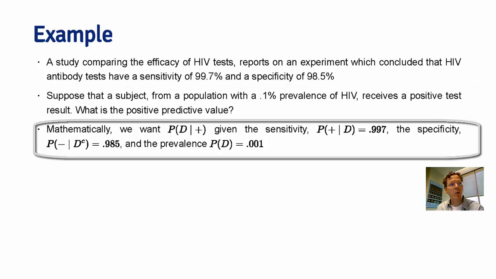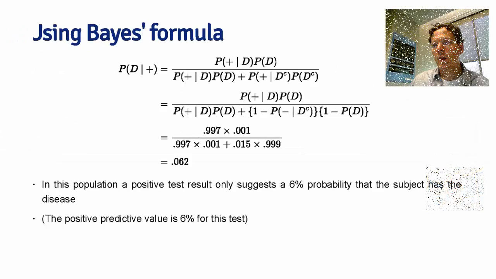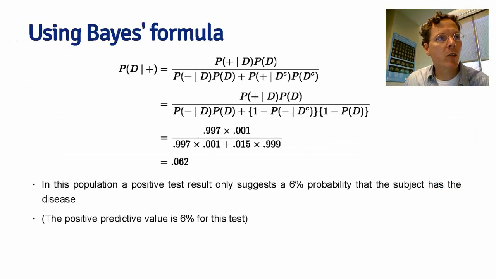So mathematically, we want the probability of disease given a positive test result, given the sensitivity and the specificity, and the prevalence, P of D, 0.001. So let's plug directly into Bayes' rule. We want probability of disease given a positive test result. That's the probability of the positive test result given disease times the probability of disease divided by this denominator right here.